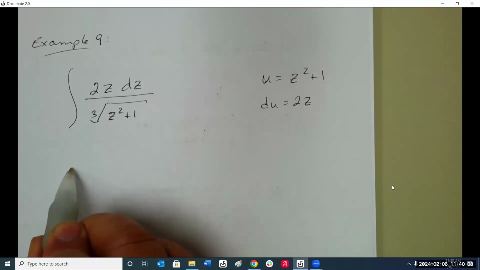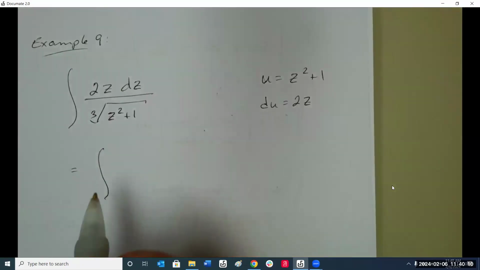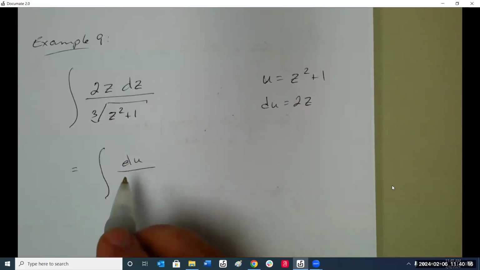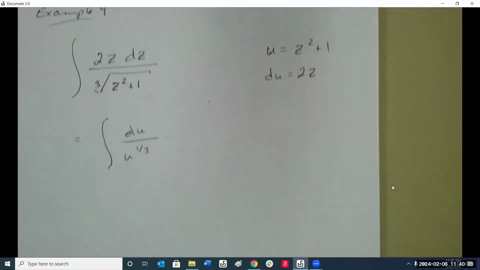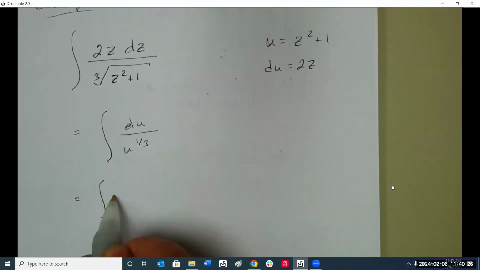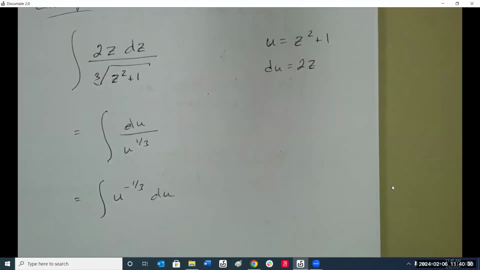So what we have here is du on top and u to the power 1/3 on the bottom. And that's the same thing as saying u to the power negative 1/3 du.